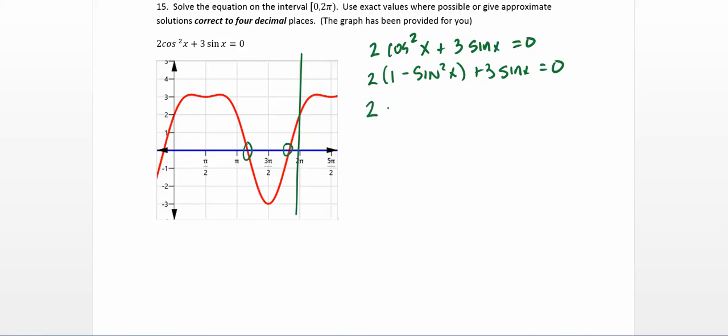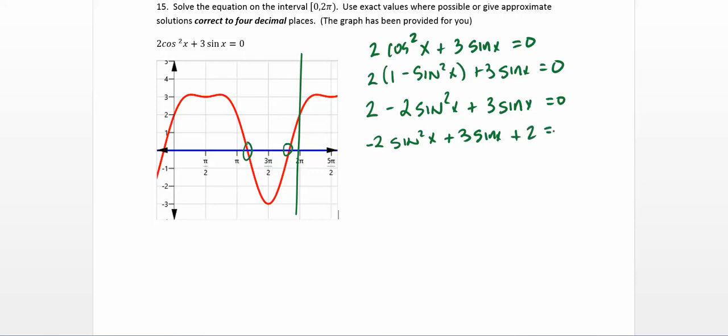Distributing the 2, I'll get 2 minus 2 sine squared x plus 3 sine x equals 0. And then I'm going to reorganize my terms here to negative 2 sine squared x plus 3 sine x plus 2 equals 0. This is the quadratic.